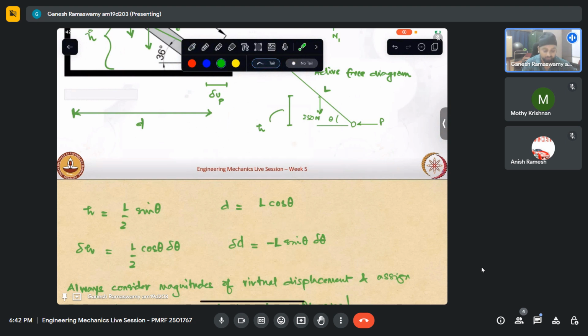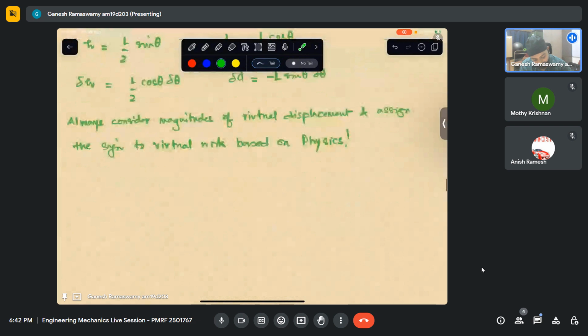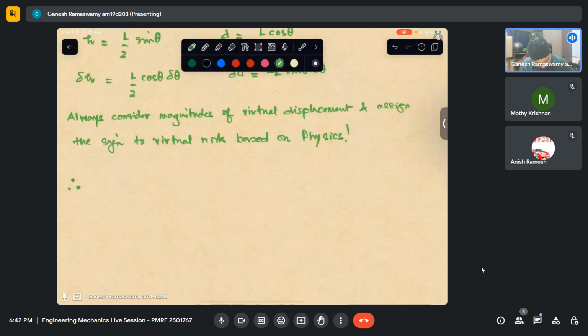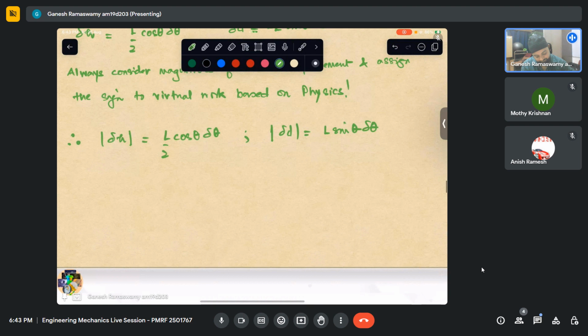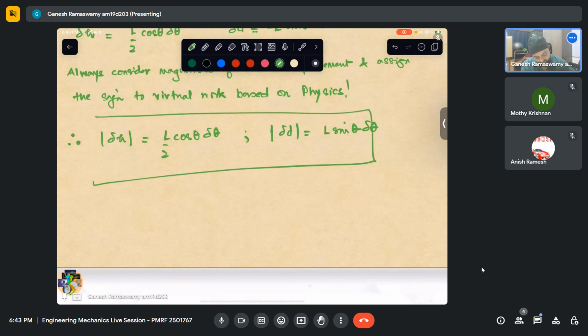What we should do is, therefore, first consider the magnitude of delta H, which is L by 2 cos theta delta theta. And then I'll consider the magnitude of delta D, which is L sine theta delta theta.